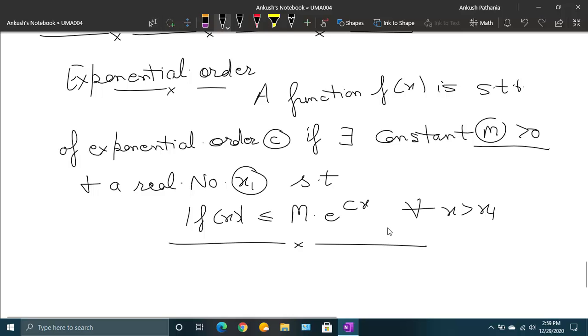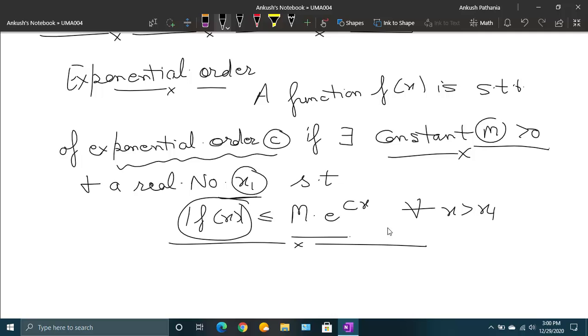So we say a function is of exponential order c if we have some positive constant M and a real number x1 such that the modulus of f(x) is less than or equal to M times e raised to power cx. Geometrically it means that the growth of function f(x) is less than or equal to a constant times the growth of the exponential function.